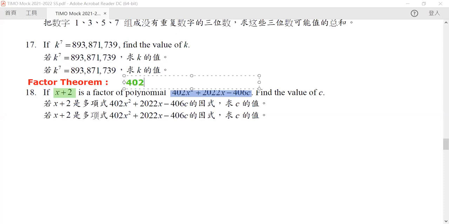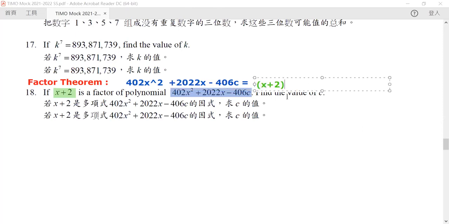So our 402x squared plus 202x minus 406c can be written as x plus 2 multiplied by some other polynomial.